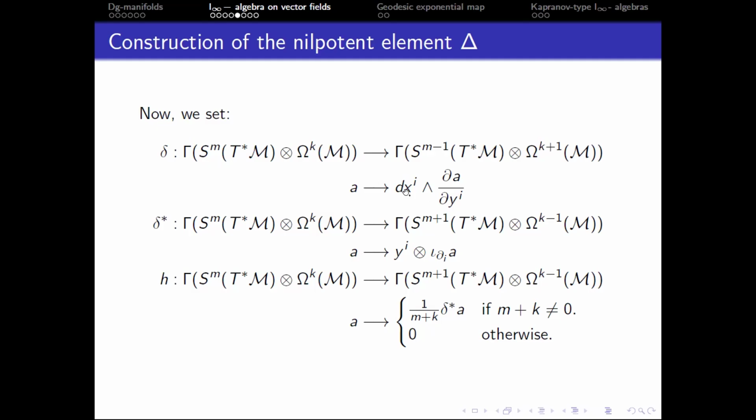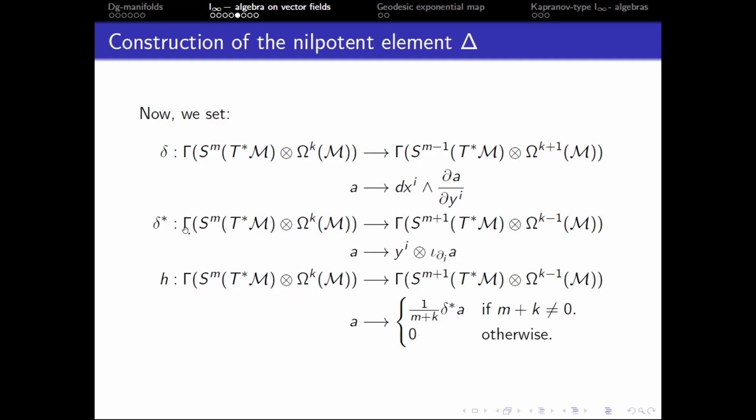So what you see is that this operator is lowering the degree with respect to the polynomial part on y, and is raising the differential form part. So this is what I mean by delta. You can prove that the square of delta is 0.